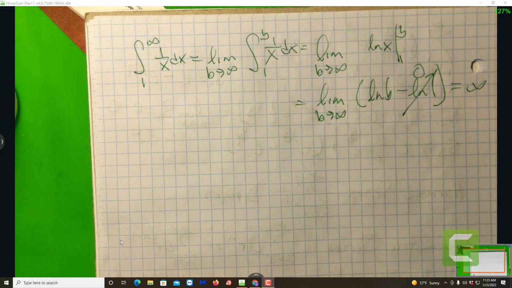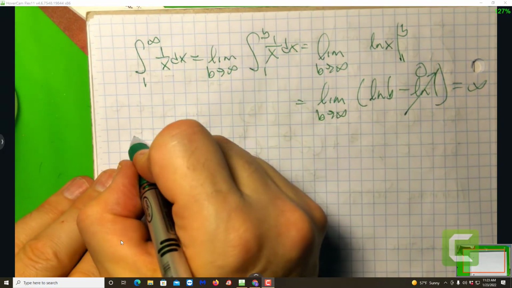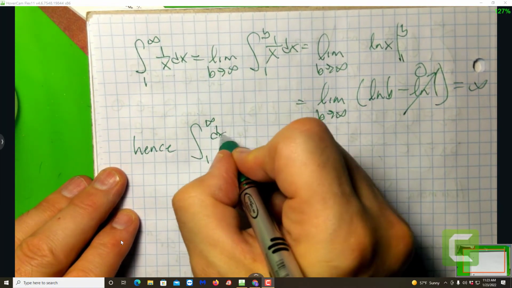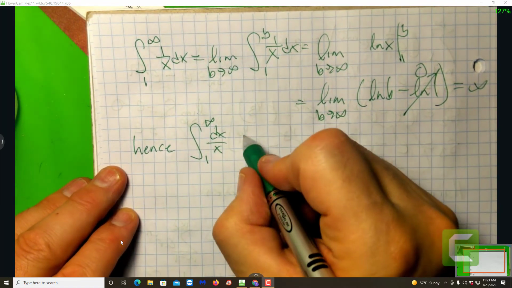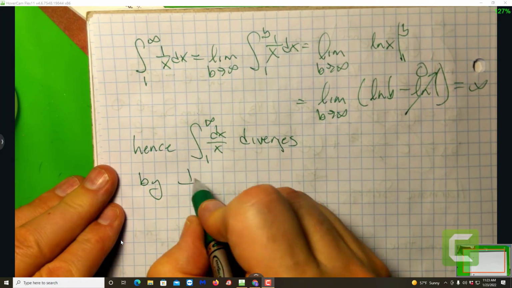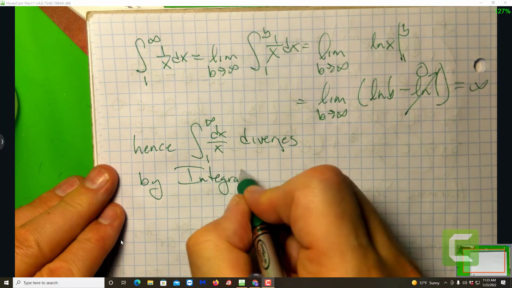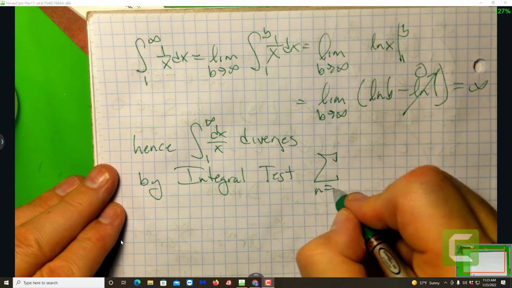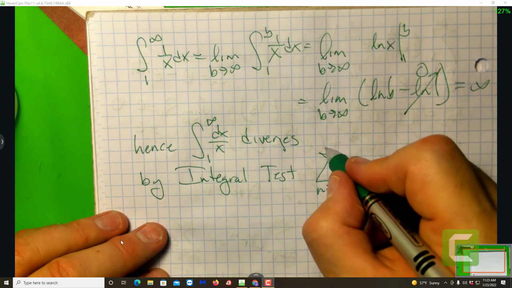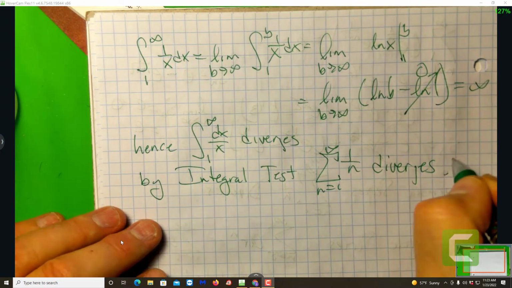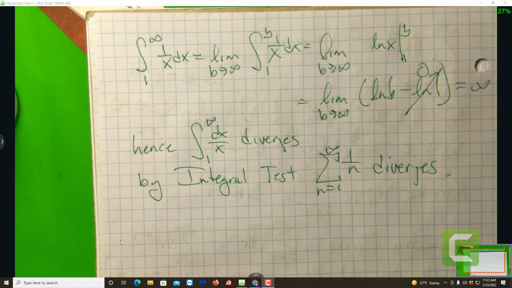Now, what does this tell me? Right now, I'm only talking about the improper integral. Hence, the improper integral from 1 to infinity of dx over x diverges. By the integral test, the series from 1 to infinity of 1 over n also diverges because they do the same thing.